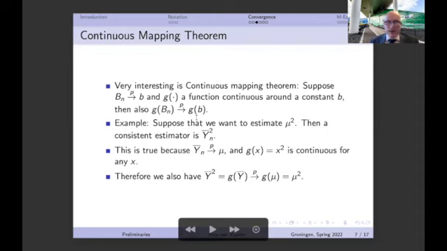Let's look at a particular example. Suppose that we want to estimate not mu, but mu squared. So the population mean, but then squared. Then what we can do is that we can consistently estimate this by the sample mean, but squared.